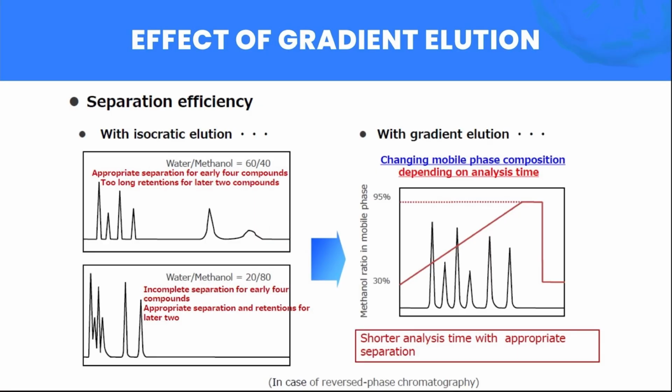Now, in order to reduce the retention time, we can increase the ratio of methanol. So in the second part, we have increased the ratio of methanol to 80%. Now what has happened is that these 4 peaks have joined together, and these 2 have become earlier in arrival.